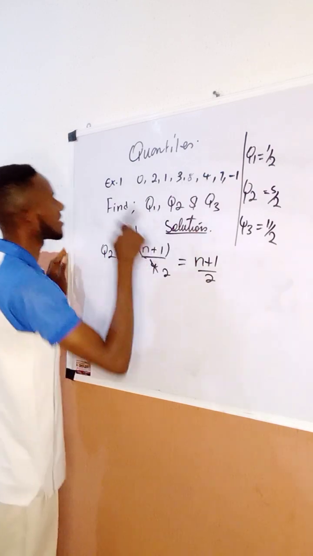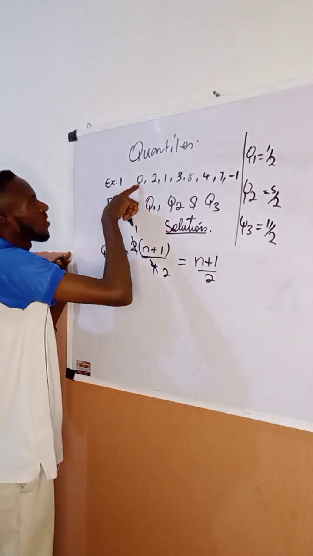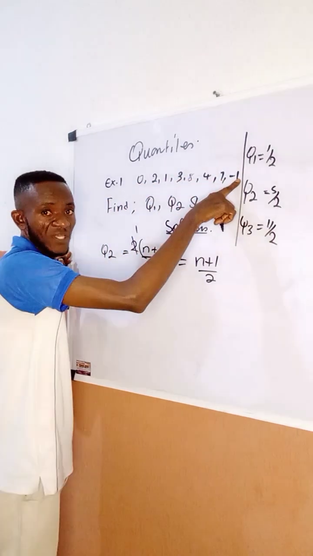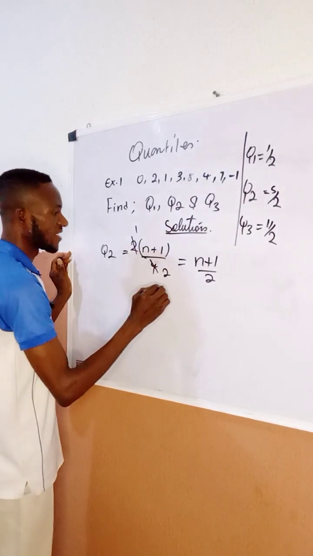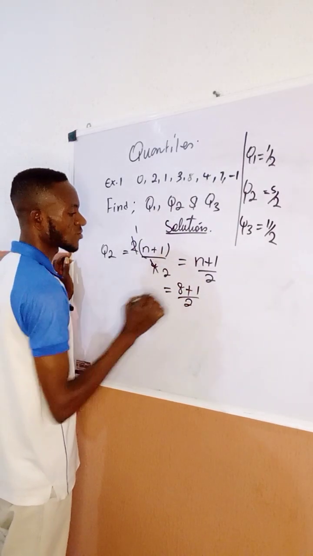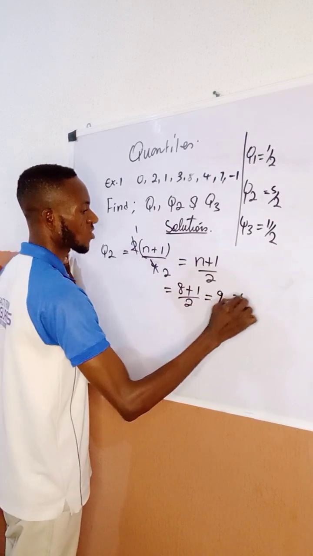In our own case, the number of observations is 1, 2, 3, 4, 5, 6, 7, 8. So we now have 8 plus 1 all over 2, and this becomes 9 over 2, which is 4.5.